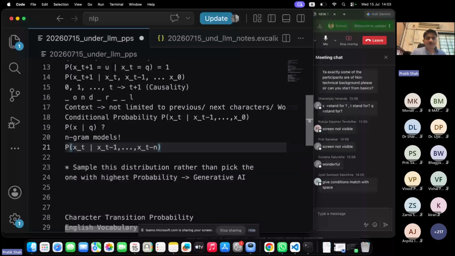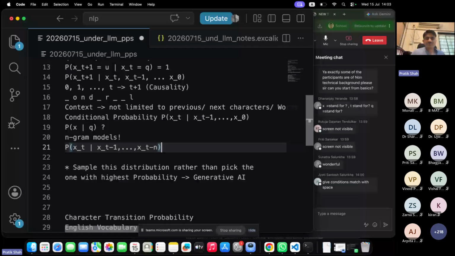In a generative task, we do not expect a model to give us one answer. Every time I run the same text generator, it will give me a different sequence of words, different sequence of alphabets. That's the part which we refer to as generative.